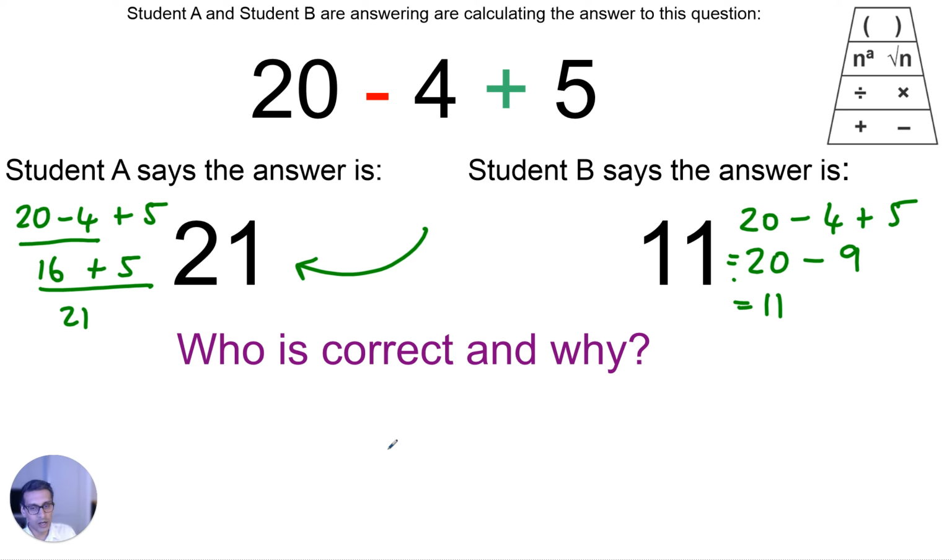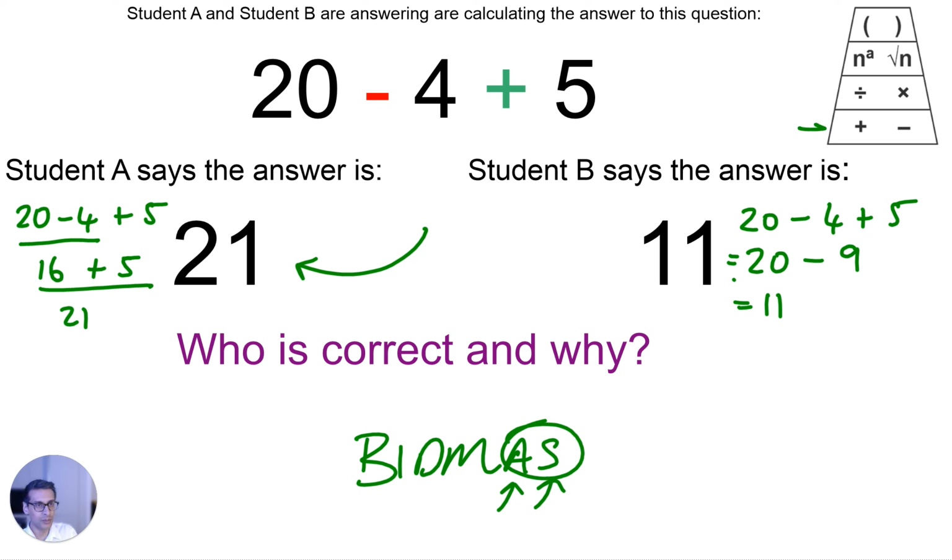Now, this is why we don't say BIDMAS, because BIDMAS would imply that we have to do addition first and then subtraction. That's not always true, because addition and subtraction, as you can see in the pyramid, are equally important. So whichever comes first in your question, you do first.